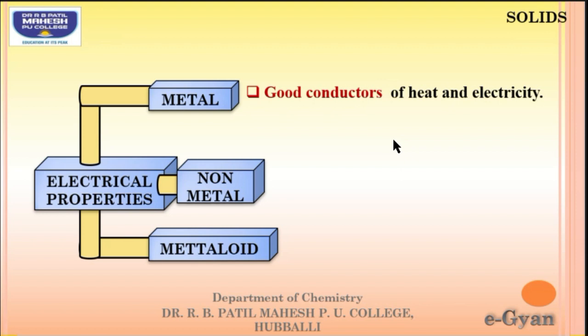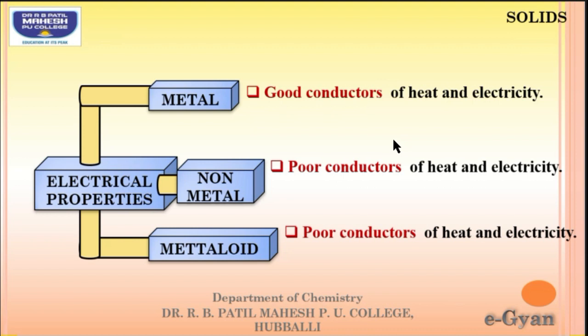Metals are good conductors of heat and electricity, whereas non-metals are poor conductors of heat and electricity. Metalloids are also poor conductors of heat and electricity.